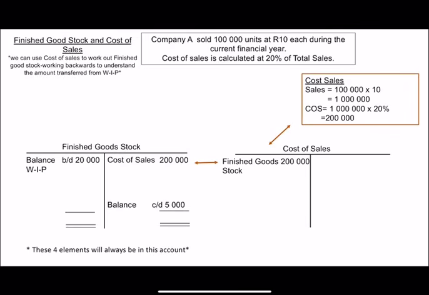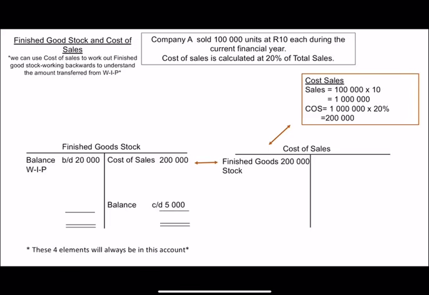Right. Next step is we have one missing value in our finished goods stock account, and that is our work in progress. Now we need that work in progress amount so that we can go and fill it in the work in progress account and solve for the work in progress at the end of the year.